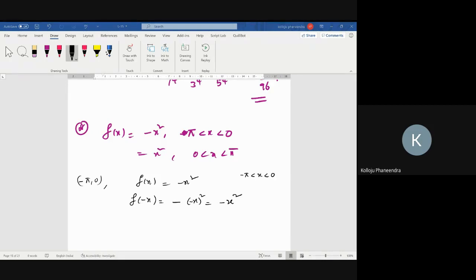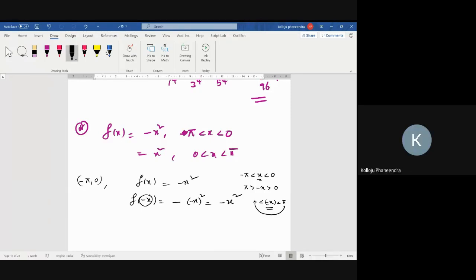If we multiply this by minus, we are replacing x by minus x, so pi greater than minus x greater than 0, that is, 0 less than minus x less than pi. So minus x belongs to the interval 0 to pi.